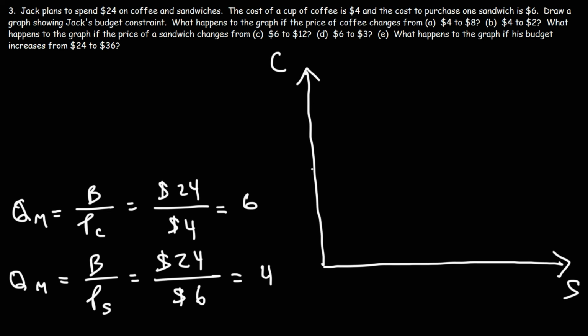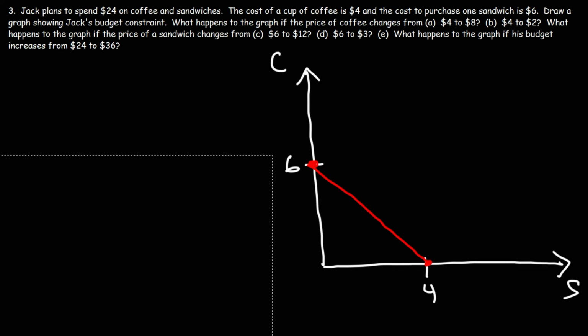The maximum number of cups of coffee is 6, and the maximum number of sandwiches is 4. So this is the y-intercept, and this is the x-intercept. Then we just draw a straight line connecting the 2 points. That's all we need to do to draw the budget constraint.